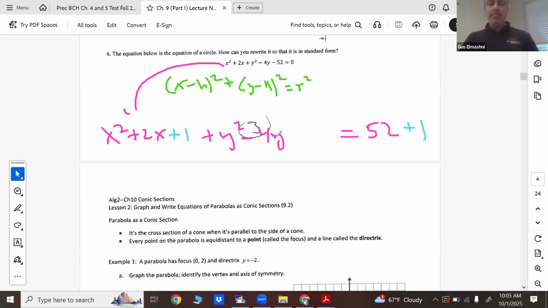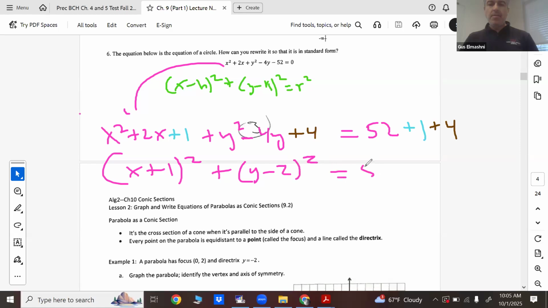And here, what's half of -4, then squared? So add 4 to both sides. By doing that, you can now rewrite it like this. There you go.